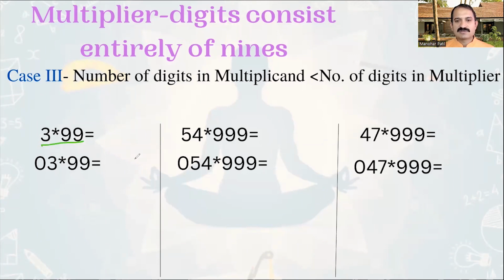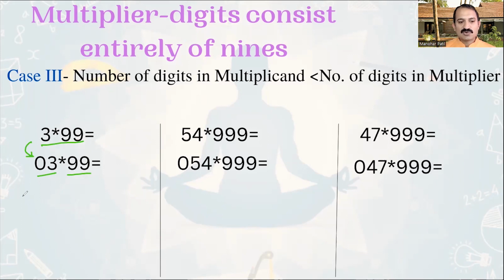That is our original question, because the number of digits in the multiplicand is less than in the multiplier. So 3 is 1 digit, 99 is 2 digits. But you can write the same thing as 03 into 99. Now the number of digits in multiplier and multiplicand are the same. 03 is 2 digits and 99 is 2 digits.